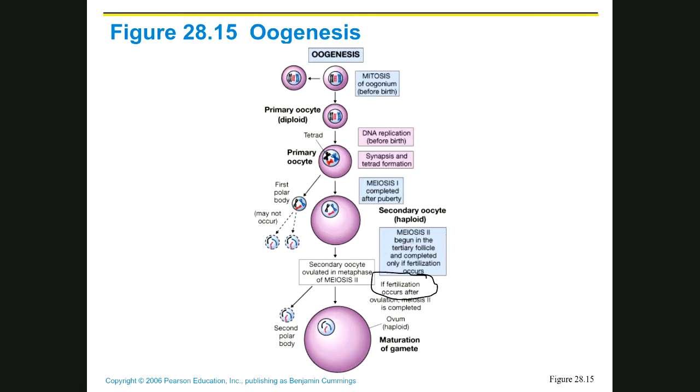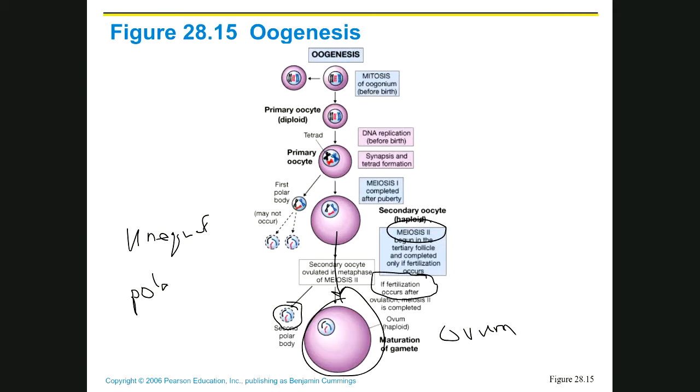If it is fertilized, what's going to happen? It's going to continue the process. And so it's going to go into meiosis 2. And so prophase 2, metaphase 2, anaphase 2. And then it's going to divide again. But again, it's an unequal division. And so we're going to see this big cell, which is now called an ovum, which some of us would call an egg, and a little bitty cell, which is another one of those polar bodies.